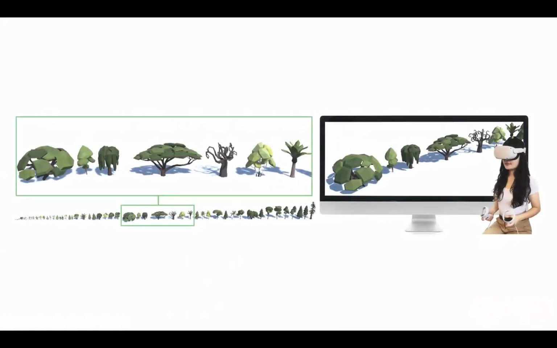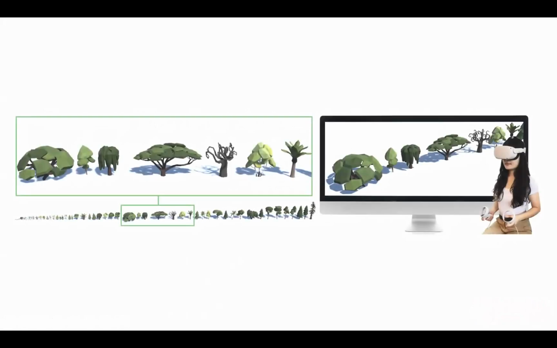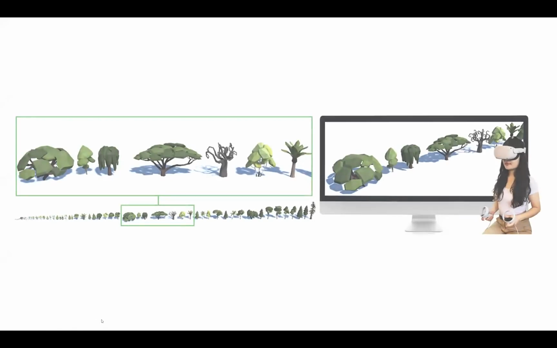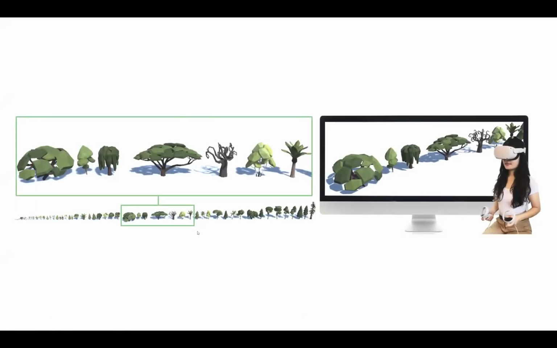Given a number of models, I will compare the sizes according to the height in ascending order, and then automatically generate this comparison animation in virtual reality. The left figure is the generated result, and the right part is the user study.